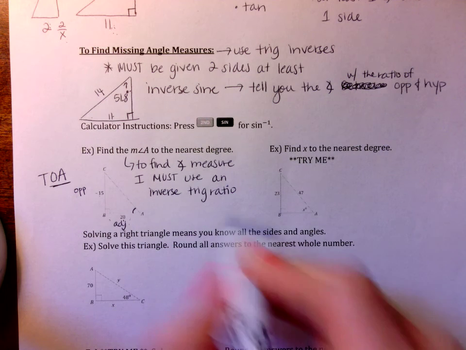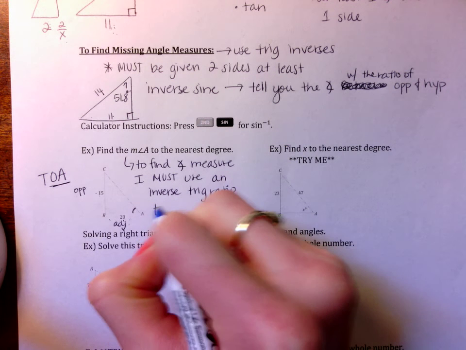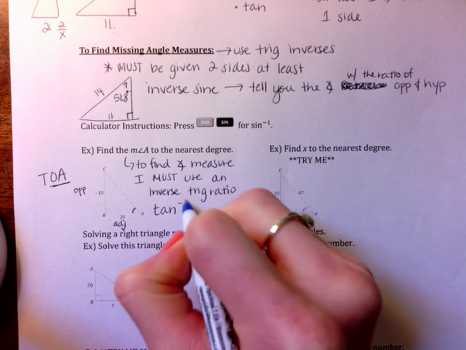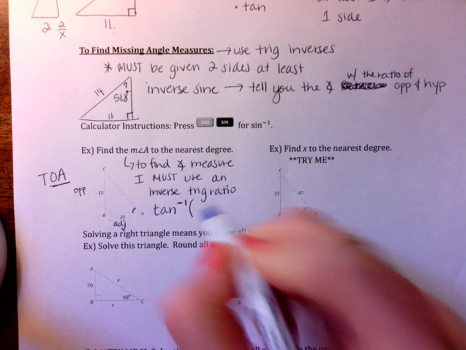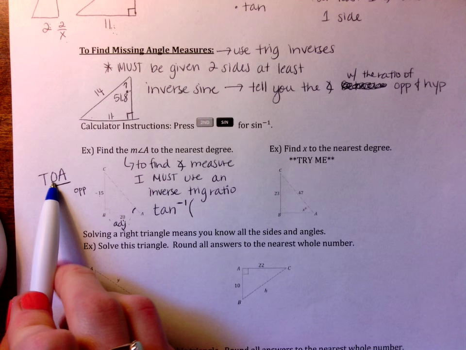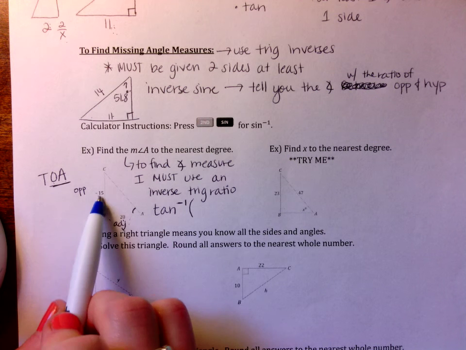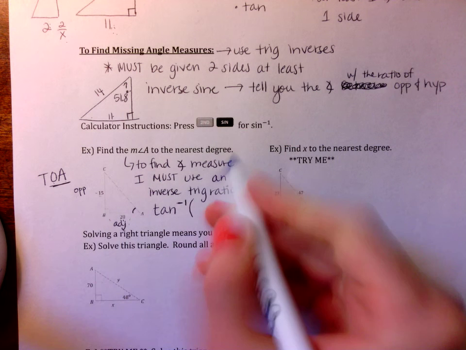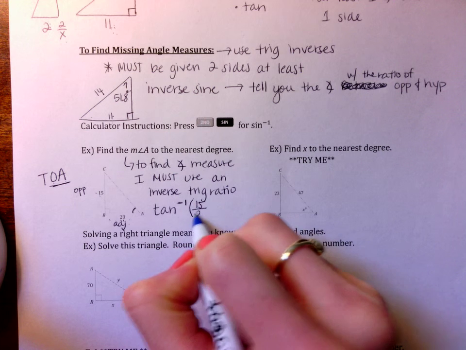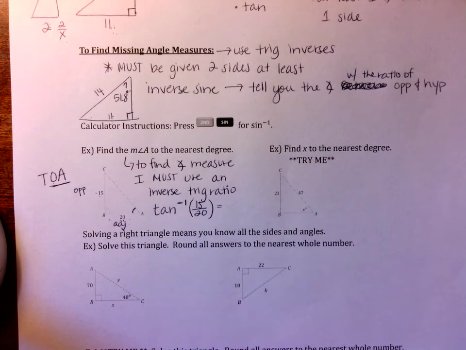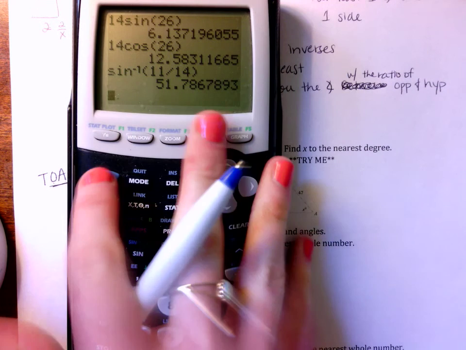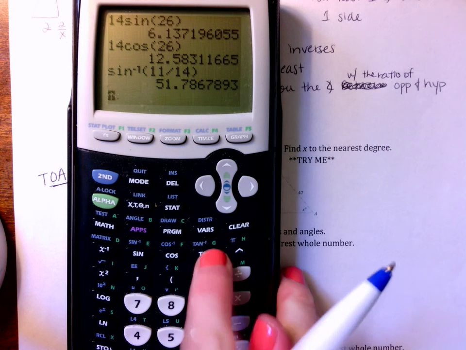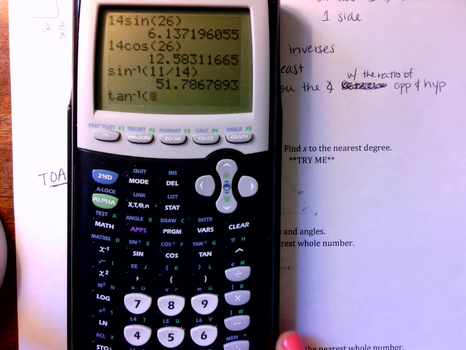So what I'll do on these is I'll say inverse tangent, telling my calculator I want you to find me an angle if I know the ratio between my opposite and adjacent is 15 to 20. Plug that into your calculator. Second, tangent gives me the inverse tangent of 15 over 20.